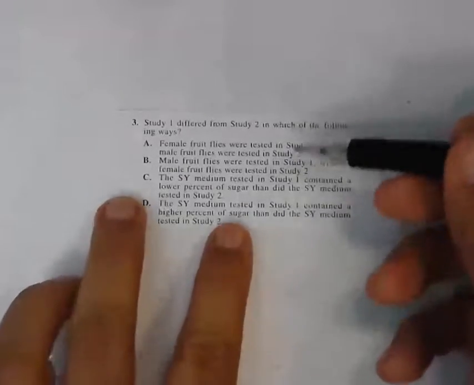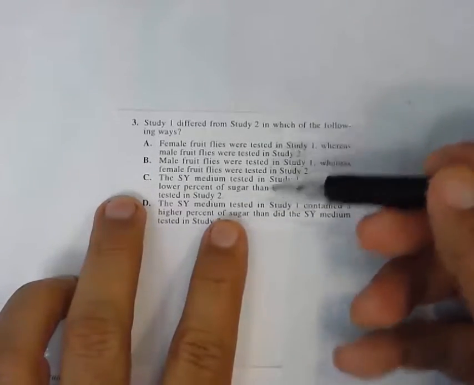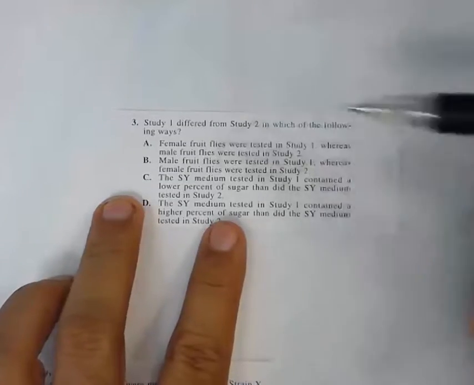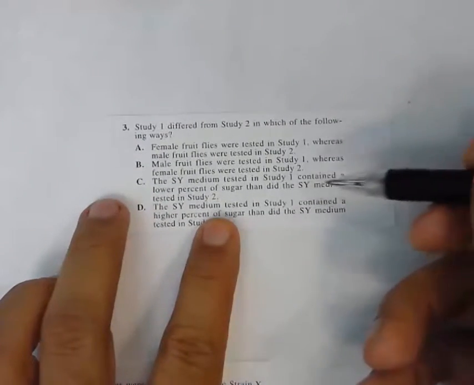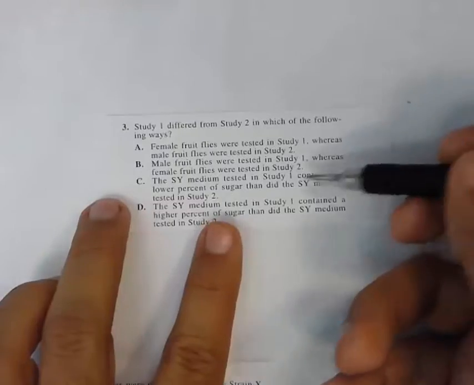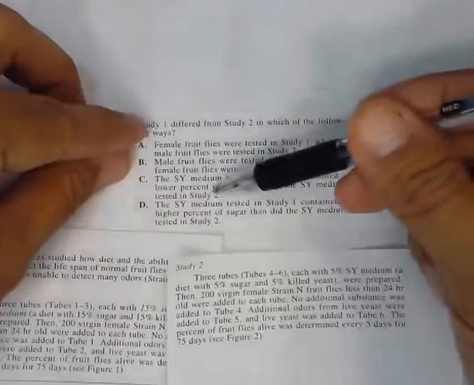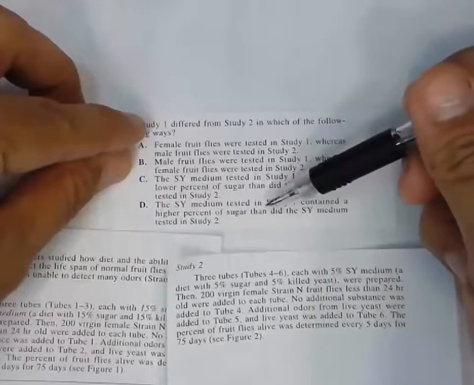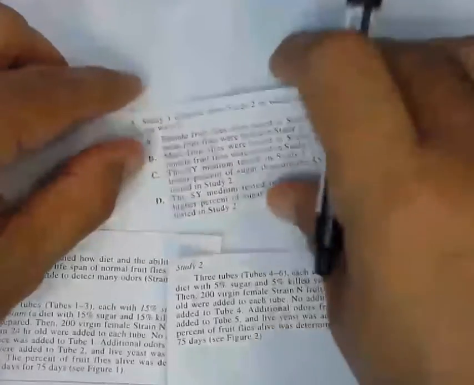So if we take a look at the answers here, the first two talk about male and female. Everything's female in these, so it's not A or B. And then study 1 has 15 versus study 2, which has 5. In this case, the answer would be D, because study 1 had 15 versus 5 in the second. So let's look at question number 4.